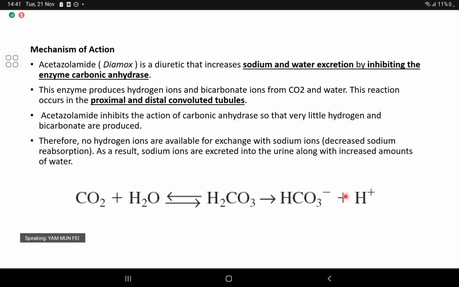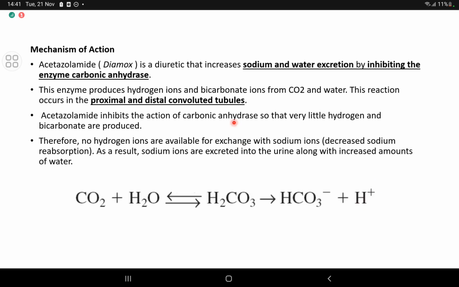Hydrogen is very important for sodium exchange. Without this hydrogen, you are not going to perform sodium exchange, so it decreases your sodium reabsorption. Your sodium will not be reabsorbed and will stay in the tubule, so it causes a diuresis effect.